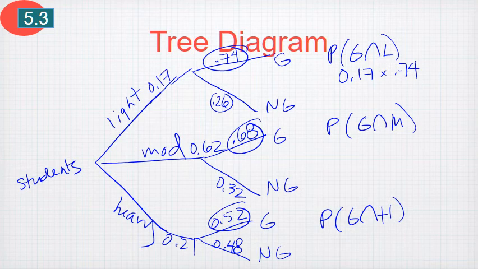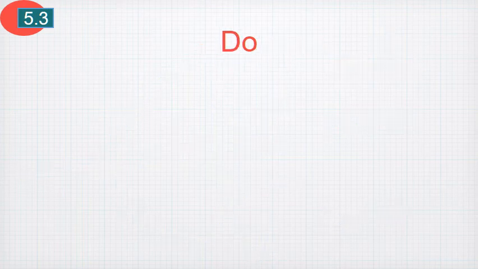Now I'm showing you that on this, but I would actually put the math section of this into the do. So that's what we're going to do. For the do, I would say there were 3 groups of students who had good grades. And I might actually write this down. There are 3 groups of students who had good grades: those with light users, those with moderate users, and those with heavy users.